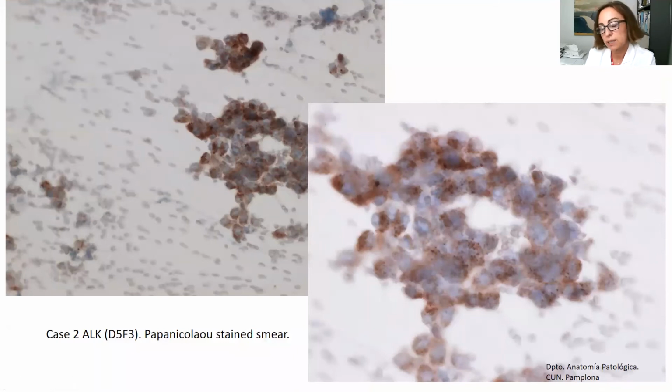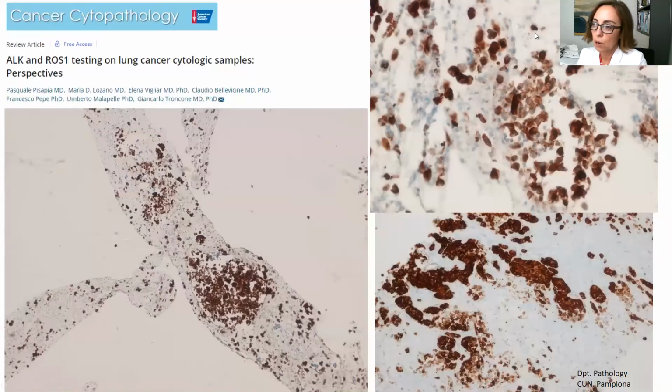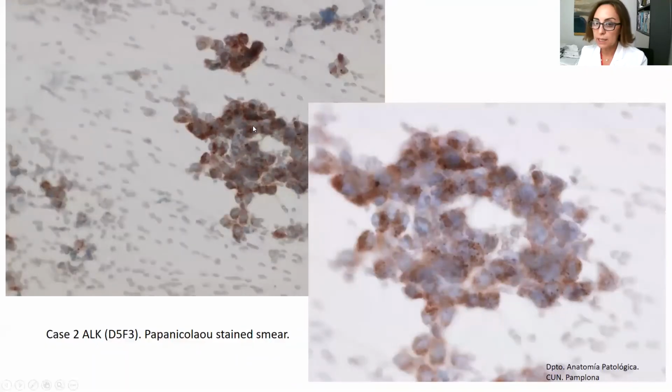In cell block and paraffin tissue, we know that ALK positivity is a strong granular and cytoplasmic positivity. A smear is the same, strong granular and cytoplasmic, but you have to do a lot of FISH analysis to prove that your positivity on a smear is real.